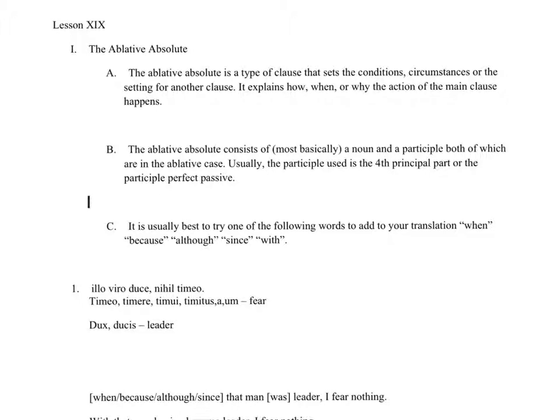The ablative absolute is a type of clause that sets the conditions, circumstances, or settings for another clause. Again, that may not make that much sense when you're hearing it without an example, but think about those words: the conditions, the circumstances, or the setting for another clause. So you've got an ablative absolute clause that'll often be followed by a comma, and then you'll have what's going to be called the main clause.